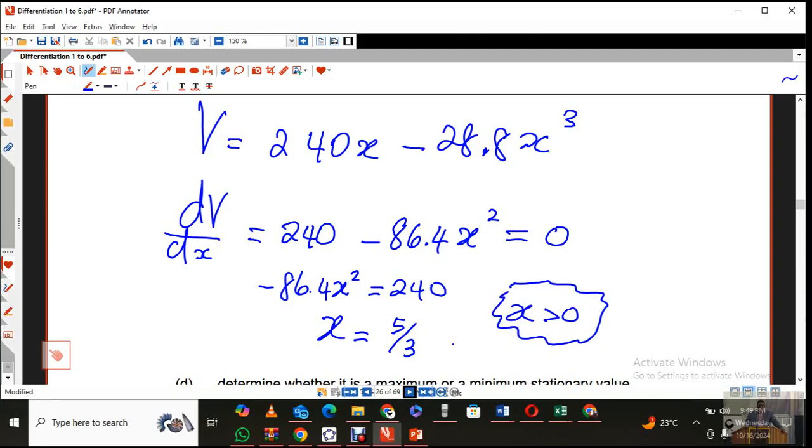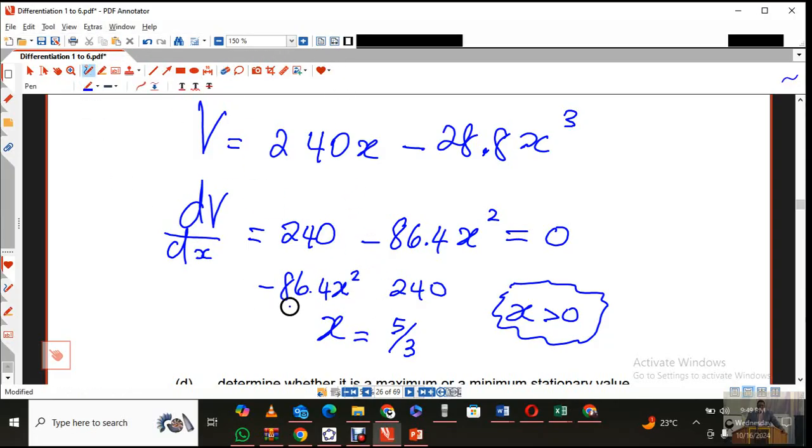The reason I say that is because you are dealing here with squares, so you have to take the square root. So this 240 becomes negative as well because it goes over the equal sign. Once you have negative 240 divided by negative 86.4, you get an answer, and then you have to take the square root of the answer. You can't consider the negative answer because volume will now be negative.